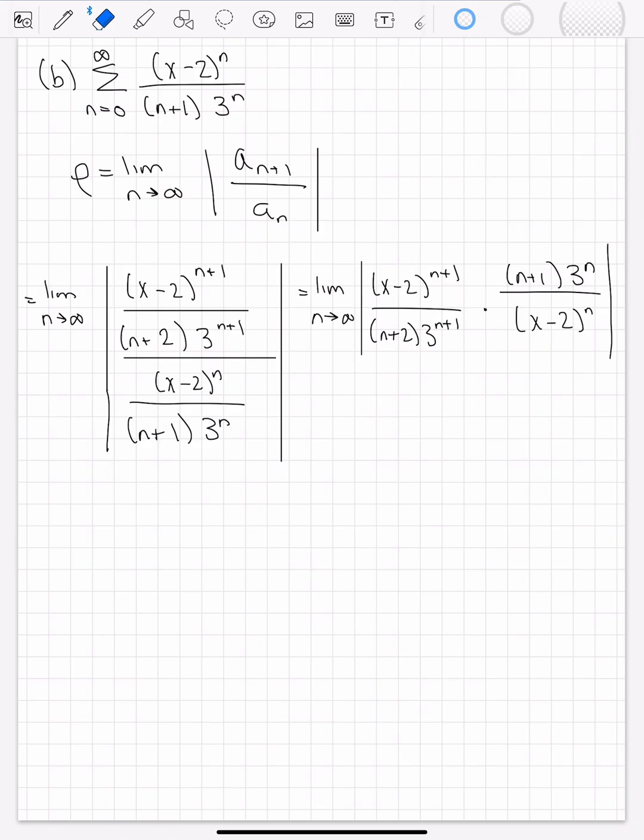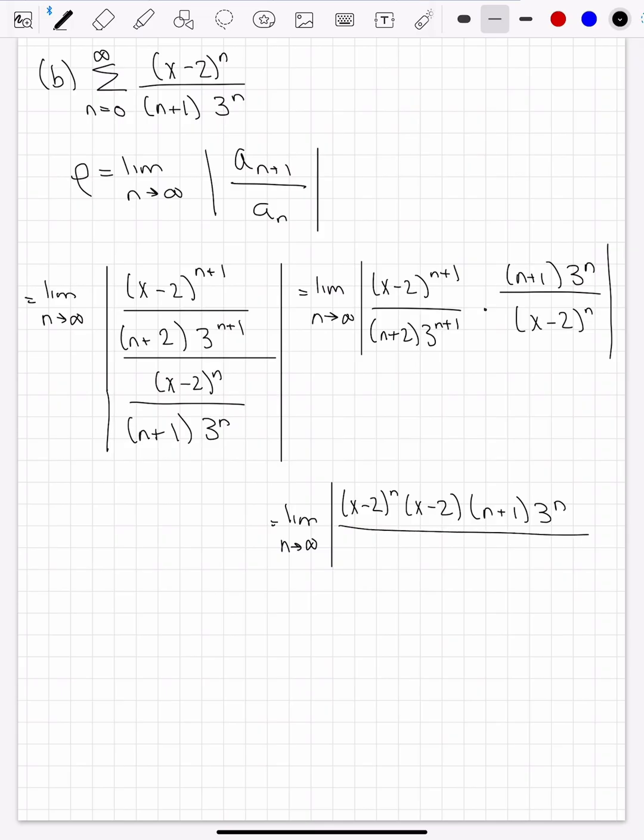So this is where we are, and now we're going to start rewriting things. We know that we can use the rules of exponents to expand (x minus 2) to the n plus 1 into (x minus 2) to the n plus 1 is just going to stay the same, and so is 3 to the n.